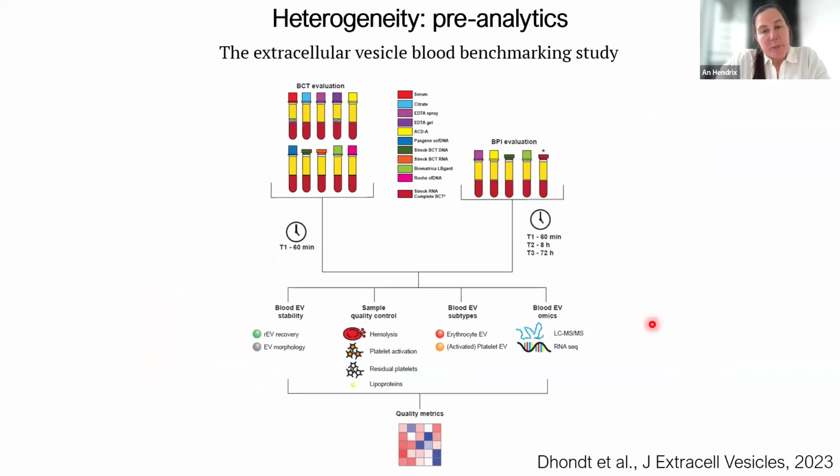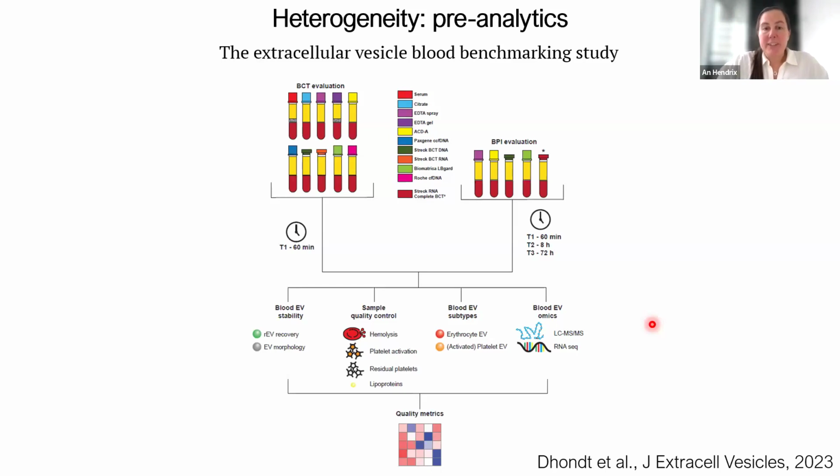Not only does methodological heterogeneity exist at the level of isolation methods, so the methods that you use to prepare vesicles from the biofluid of interest, but it already even starts with pre-analyticals.